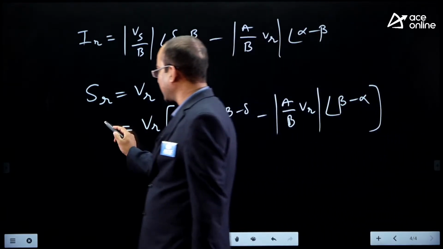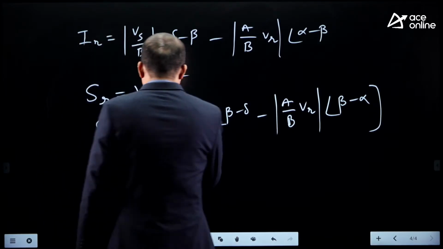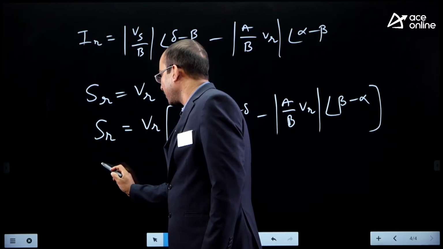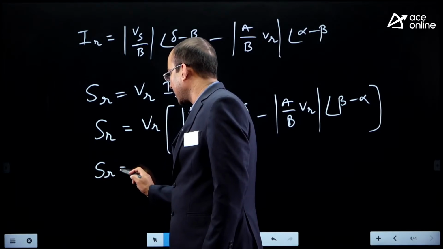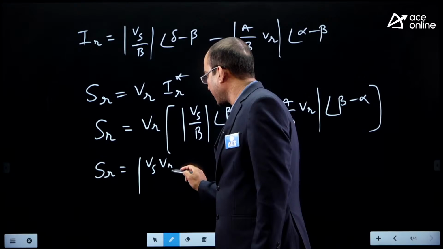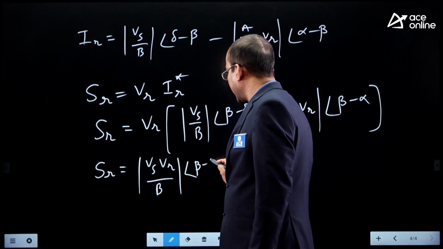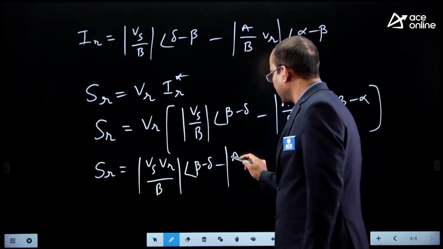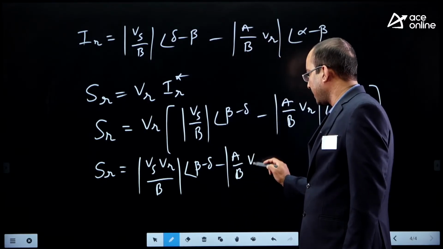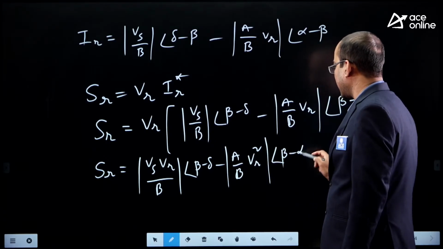This is the equation for the complex power at the receiving end. If you multiply with VR, finally we get the complex power SR equal to Vs VR by B at an angle of beta minus delta, minus A by B VR square at an angle of beta minus alpha.